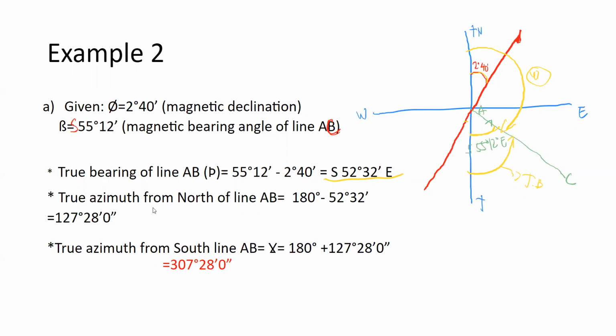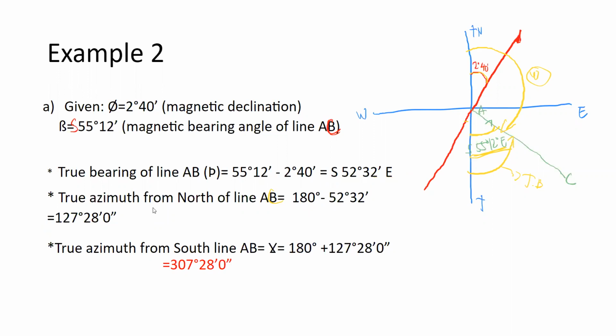So, we can say that the angle omega, or the true azimuth from north of the line AC, is equal to 180 degree minus this true bearing na 52 degree 32 minutes. Okay? So, we have a true azimuth from north, which is 127 degree 28 minutes and 0 seconds. Okay?